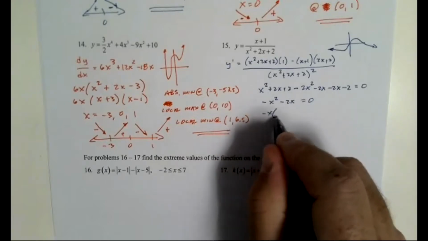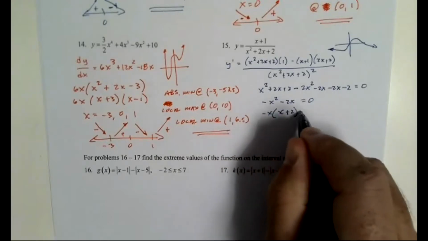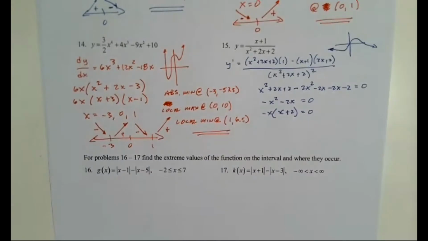Factor out negative x, leaving me with an x plus 2 equals 0. I don't like this. I don't like this at all. I don't like the way I drew my picture.